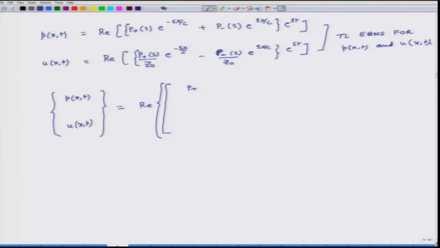So, I am going to omit the S term in bracket just for purposes of brevity. P negative, P plus over Z naught and negative P minus over Z naught. So, this 2 by 2 matrix is multiplied by this vector e to the power of minus S x over C and e to the power of S x over C, and this entire thing is multiplied by a common term e to the power of S t.